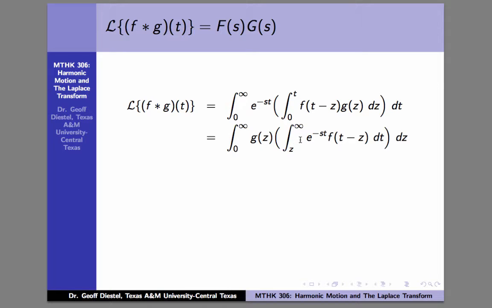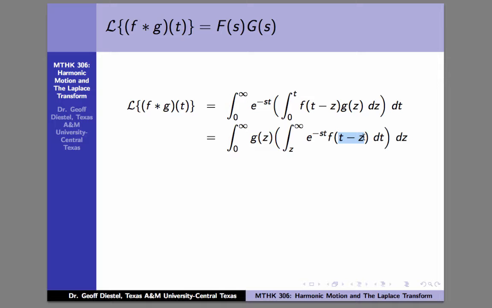Now the stuff in parentheses looks almost like a Laplace transform of f, except there's a minus z there, and there's a z in the limit of integration. Let's do a substitution. Let's replace t minus z with u, or y. I'm going to use y in this case. We'll let y equal t minus z, where t is our variable. z is a fixed number.